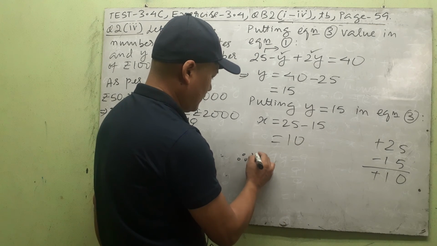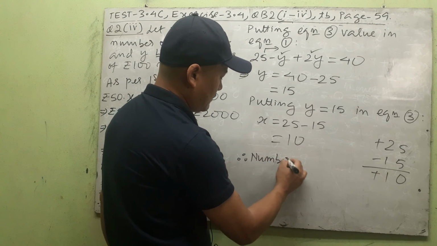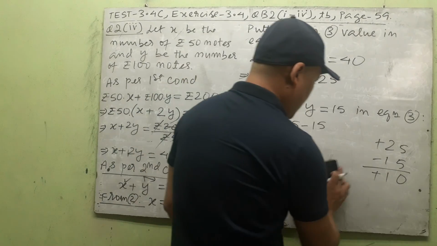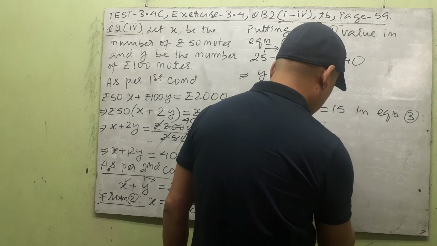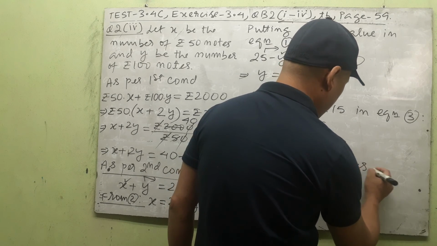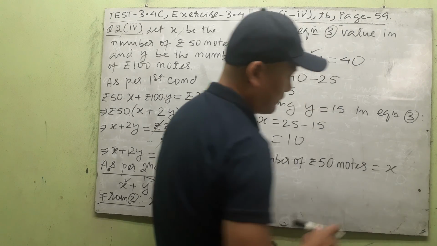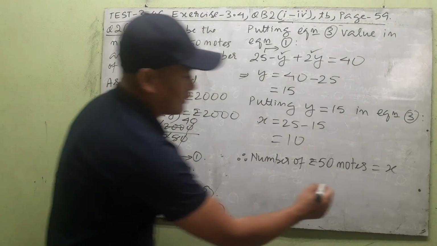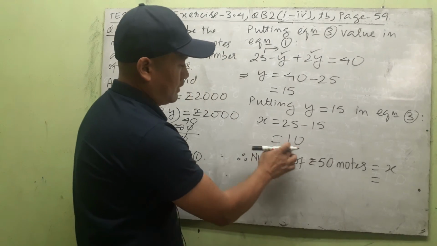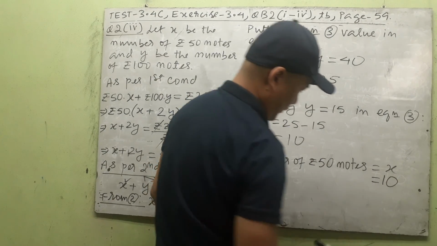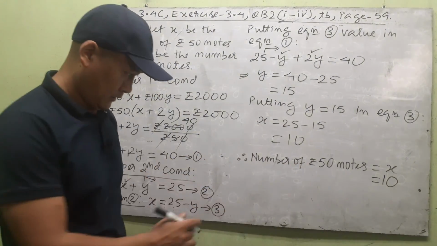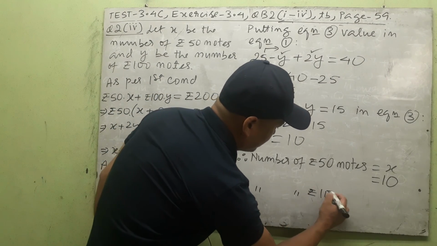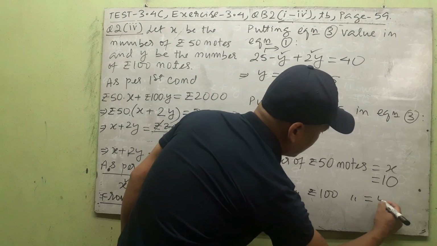Therefore, the number of rupees 50 notes is equal to x, which we put in the beginning. See here, let x be the number of rupees 50 notes. So x is now 10, she got 10 notes in rupees 50 denominations. And the next one, the number of rupees 100 notes, y.